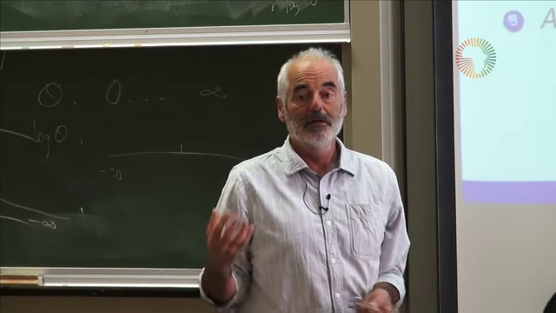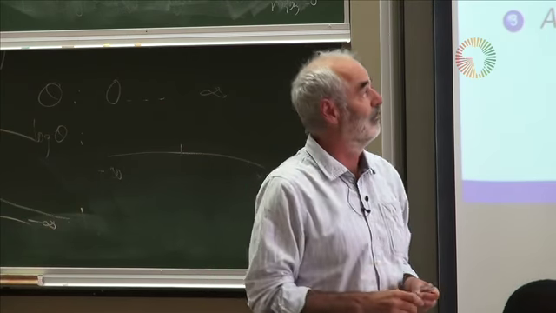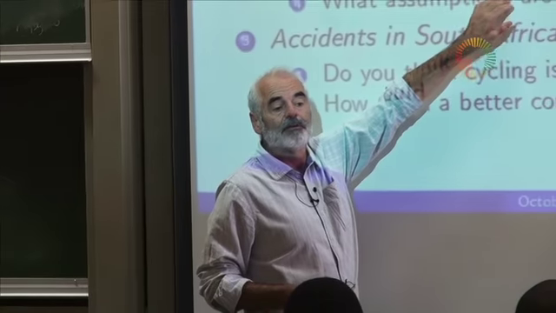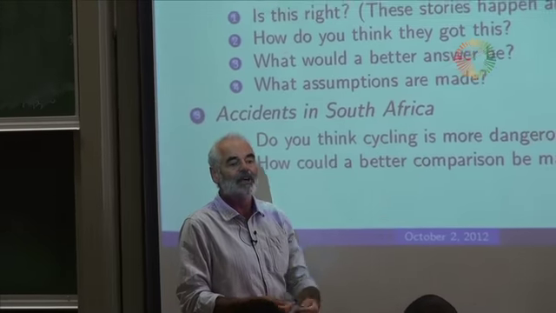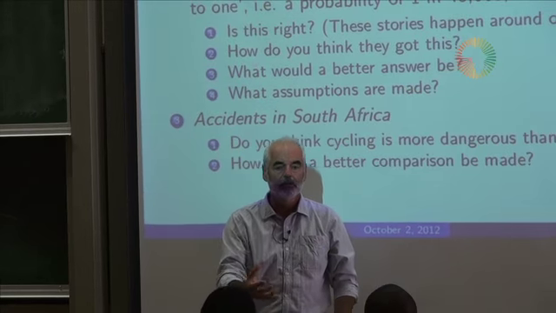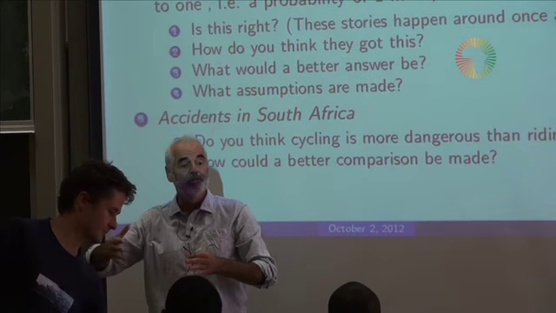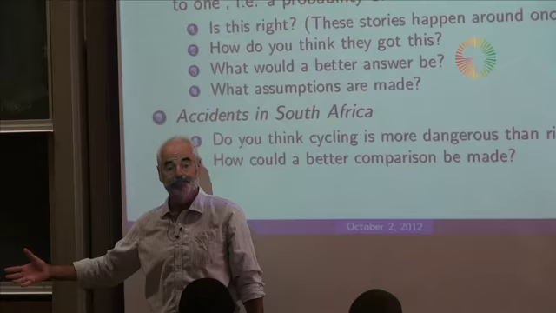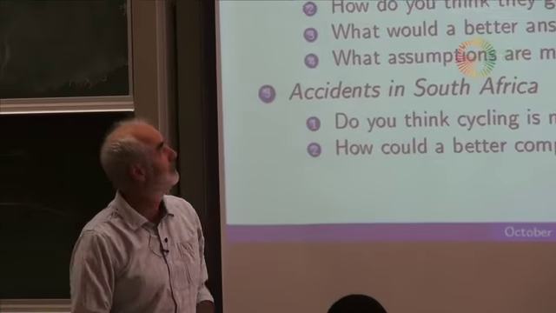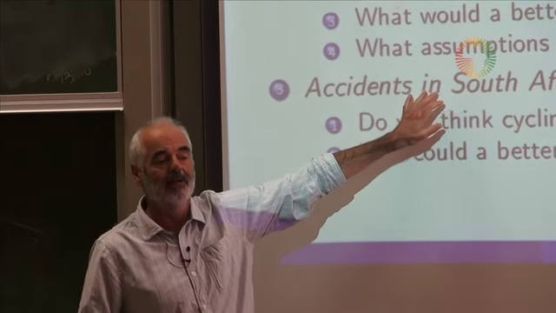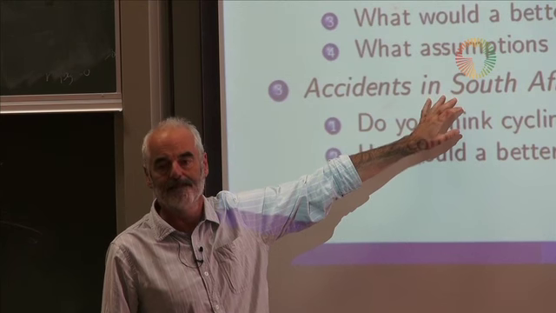This was a real picture from the Times. Here's another story from a British newspaper about a family who had 3 children, and they're all born on the same birthday, in different years, but on the same day. And here's another story about accidents in South Africa.